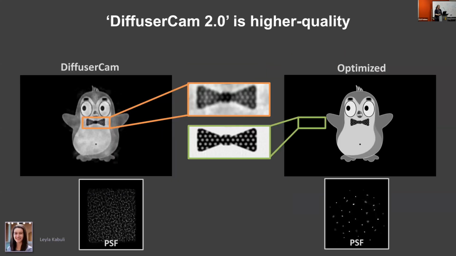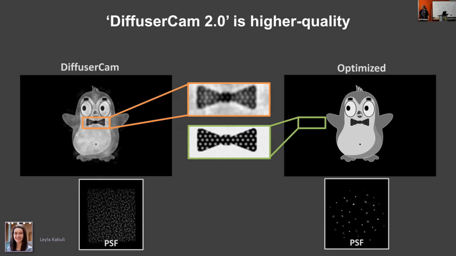I don't have a lot of results because all my DiffuserCam people graduated after we got toward being able to make these arbitrary designed phase masks. But Leyla has built some and shown this is our original DiffuserCam PSF versus one of these. This one's designed for 3D, so it's actually a random array of microlenses, but each one has a different focal length so that we can have sharp information at lots of different depths.